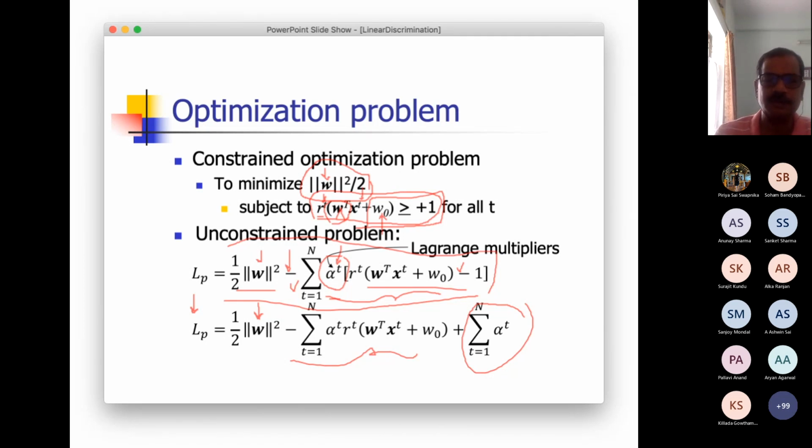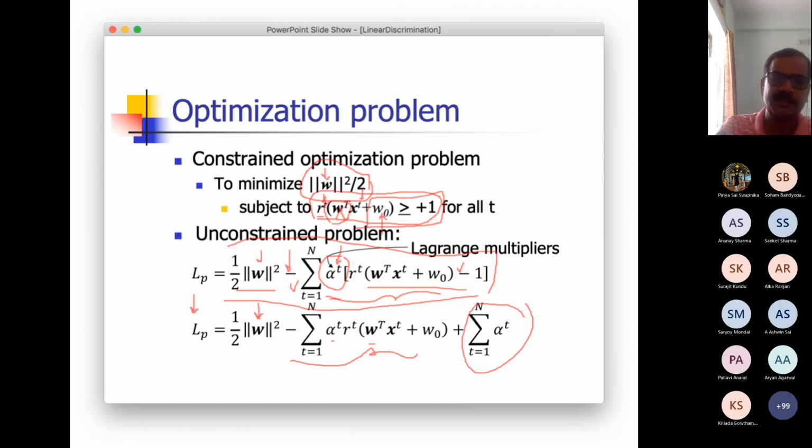What we are going to do, of course, is solve this problem by setting partial derivatives equal to 0. While doing these things, we will get the relationships between alpha and W. And then from there, you solve this problem and you find out W and alpha both together.